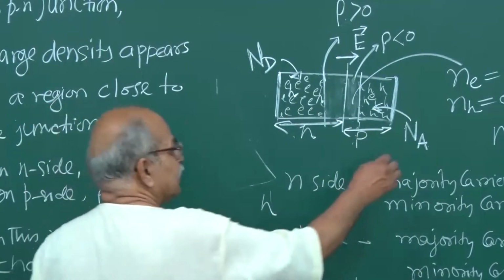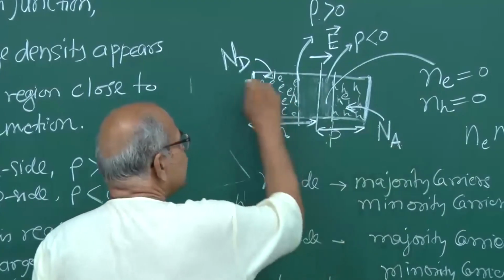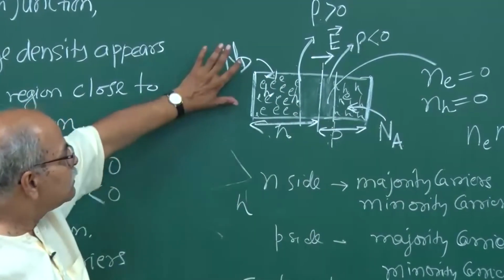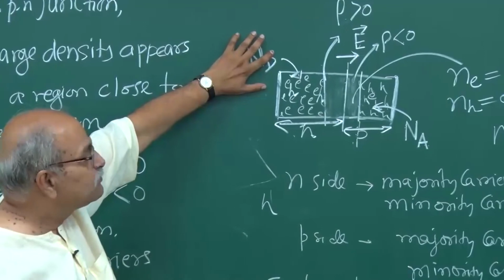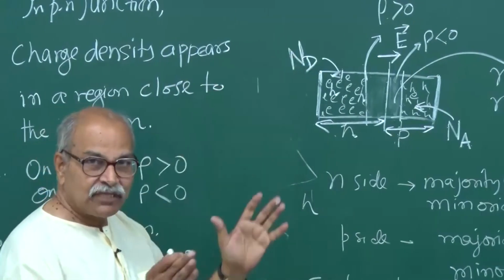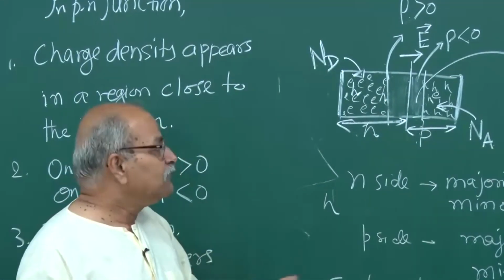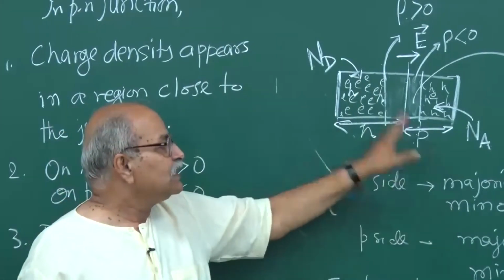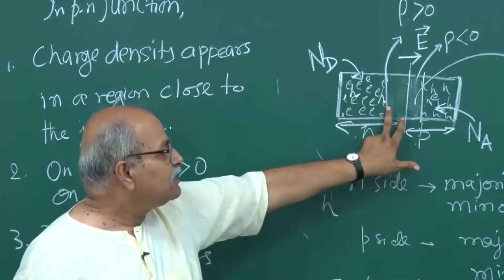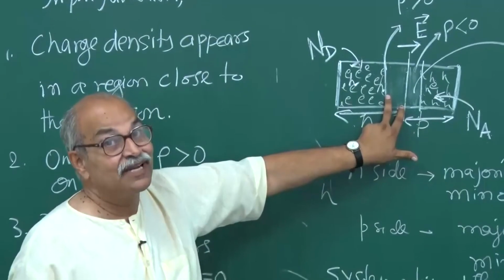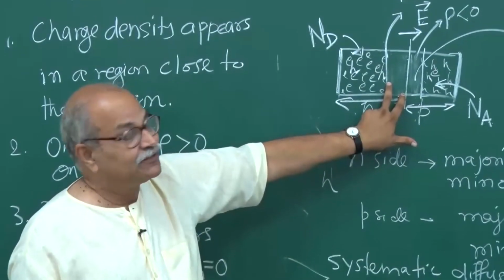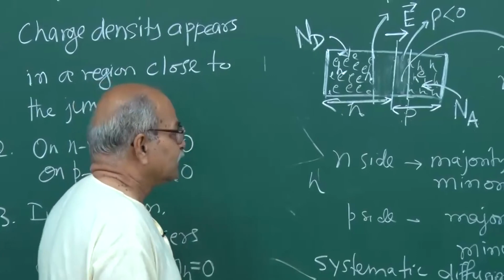Na and Nd will decide this. The larger the impurity doping concentration, the smaller will be the width. So, if Na and Nd are not equal, you can have unequal width on the two sides of the junction. So, those are the things.